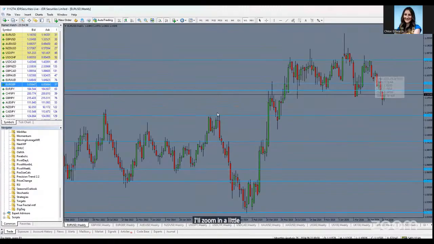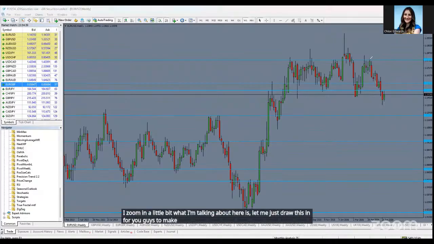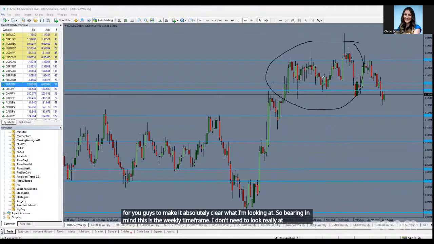What I'm talking about here is, let me just draw this in for you to make it absolutely clear what I'm looking at. Bearing in mind this is the weekly time frame, I don't need to look really at much past price action. I only really need to look at the most recent, say, 10-ish bars, because that is a couple of months worth of data.